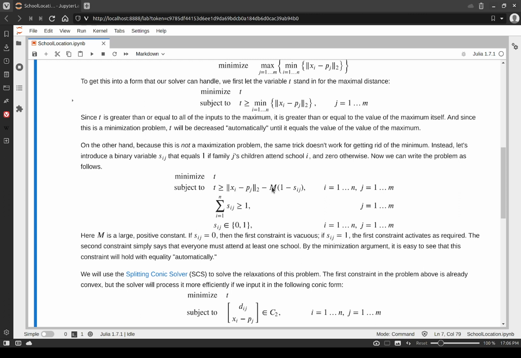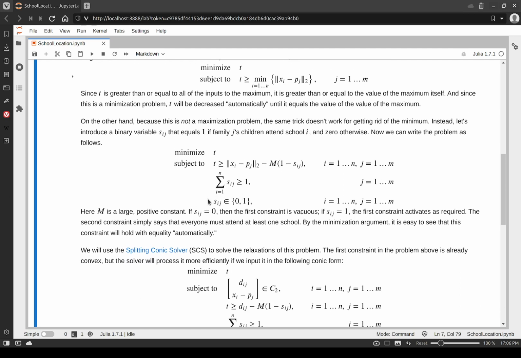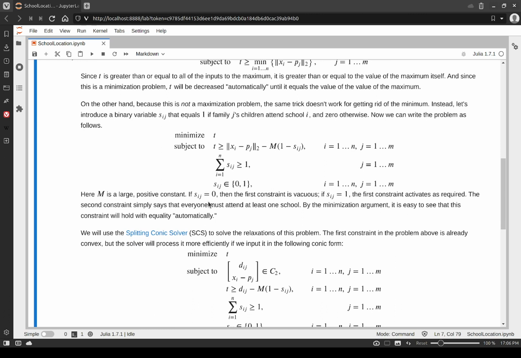Here, M is a very large positive constant. And the reason we make it large is that if Sij is 0, then we're going to subtract a huge number here, and this becomes a trivial constraint, right? You're going to end up with some large negative number over here, and it will not affect the correctness of the solution. So M is going to be a large positive constant. Finally, we have our binary constraint on Sij.